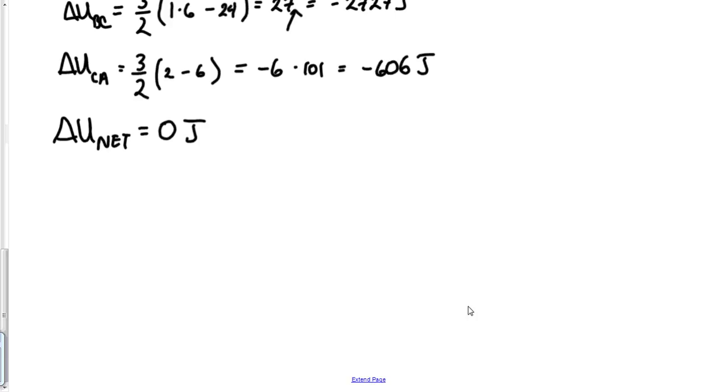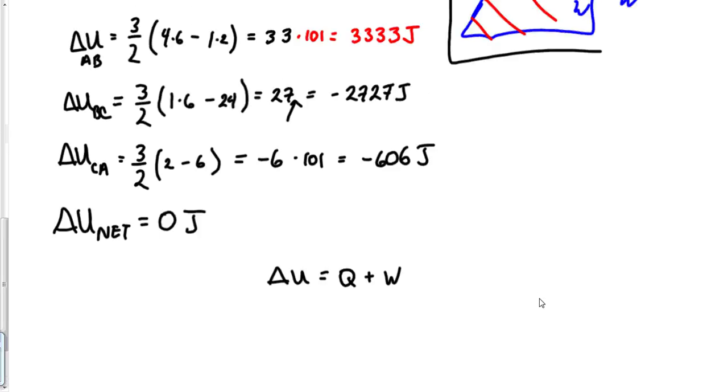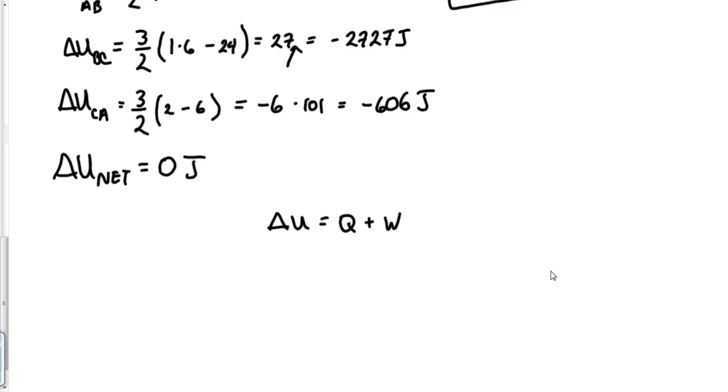Okay, now I know you're getting tired. So the last thing, wasn't this a video about delta U equals Q plus W? And we haven't even used it yet? You may finally get to use it. So for every one of these problems, I'm going to actually use this equation now. So delta U AB was 3333.